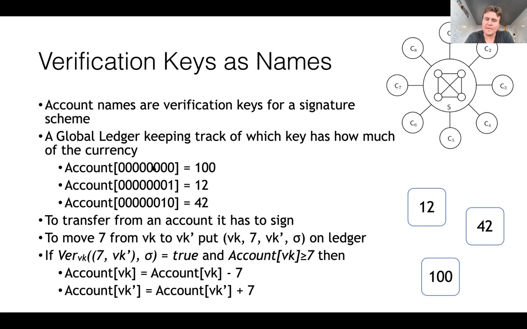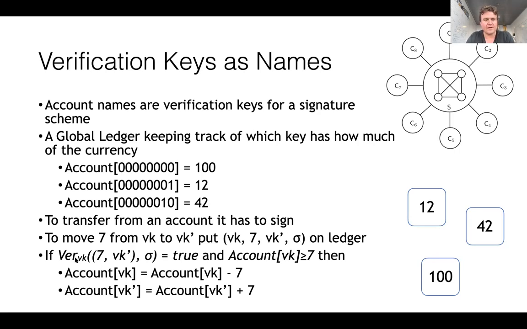Okay. So for example, to send money from one account with verification key VK to another one with verification key VK prime, let's say 7 of the cryptocurrency, you would have to send along a valid signature.